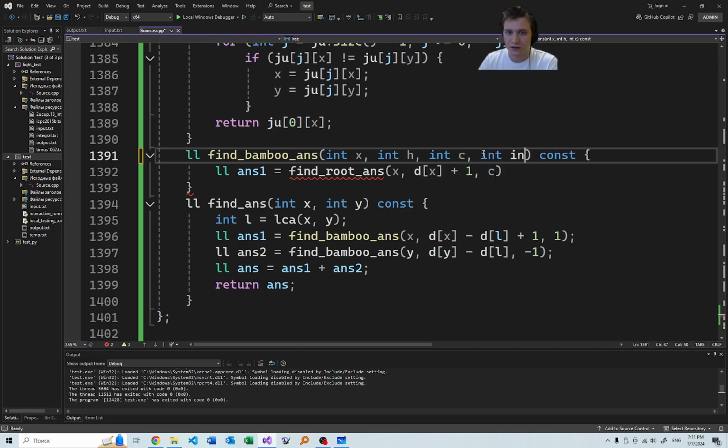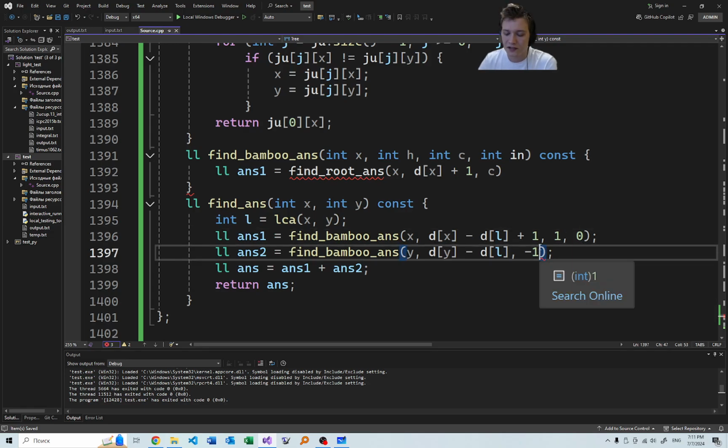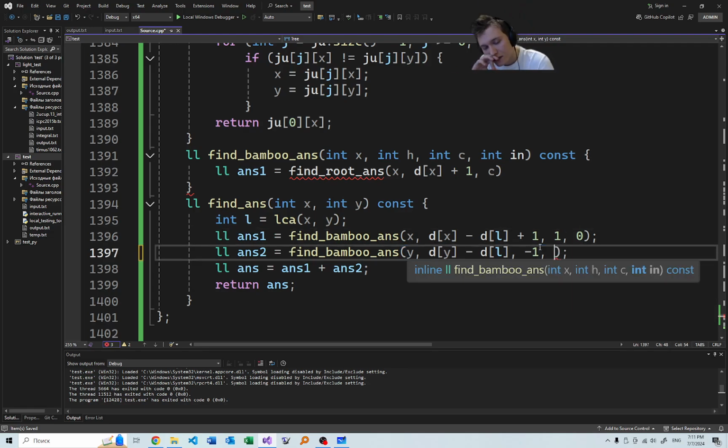So the initial number here is 0, and the initial number here is the length of the path, like dx plus dy minus 2 times dl.